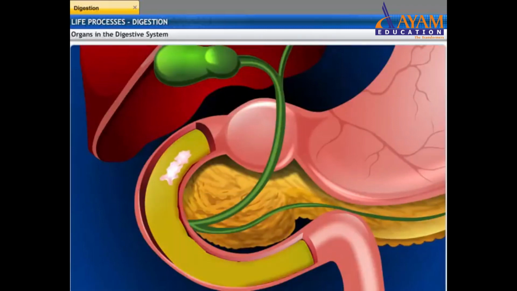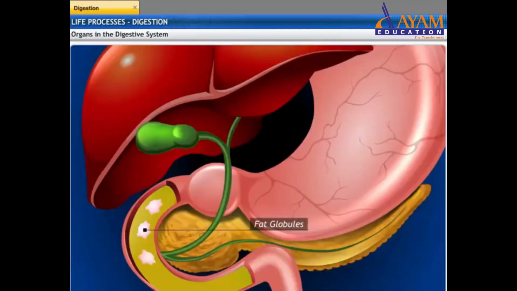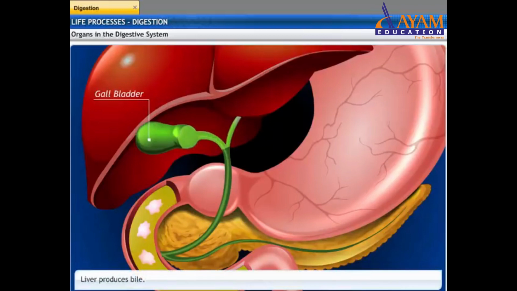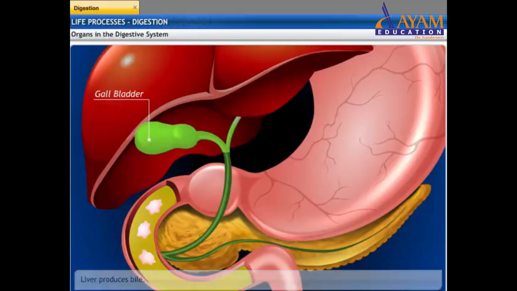In the duodenum, fats are present in the form of large globules, which makes it difficult for the enzymes to act on them. These fats are broken down by the bile juice secreted by the liver. The liver is a digestive gland that produces bile and is stored in the gallbladder until it is required.